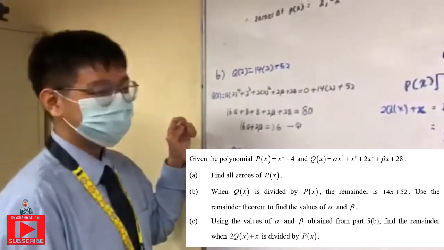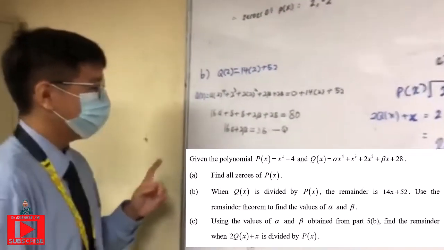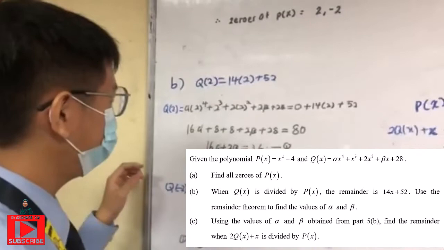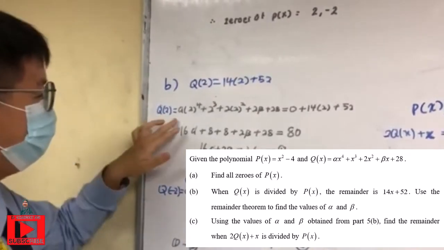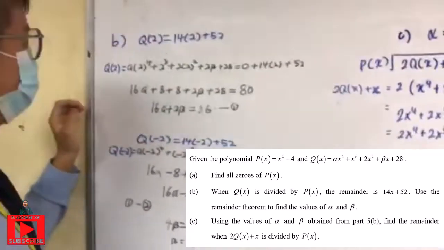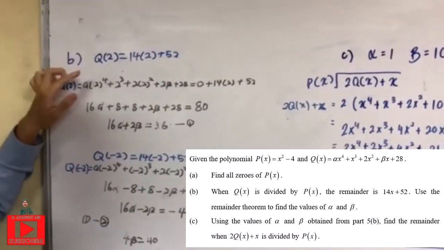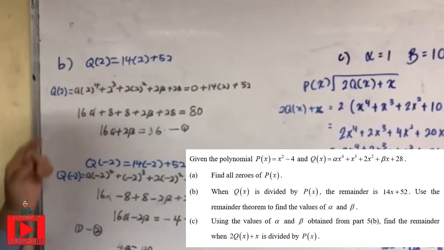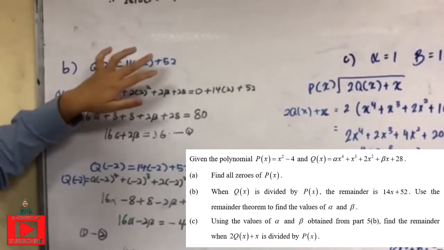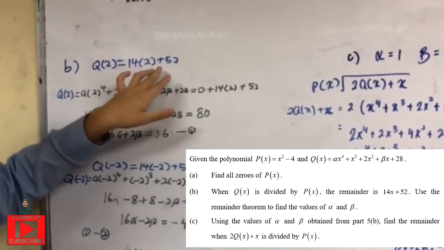So for question B, question wants us to find the alpha and beta. So we know that if using remainder theorem, when Q2 it will be equal to only the remainder, means 14 times 2 plus 52.